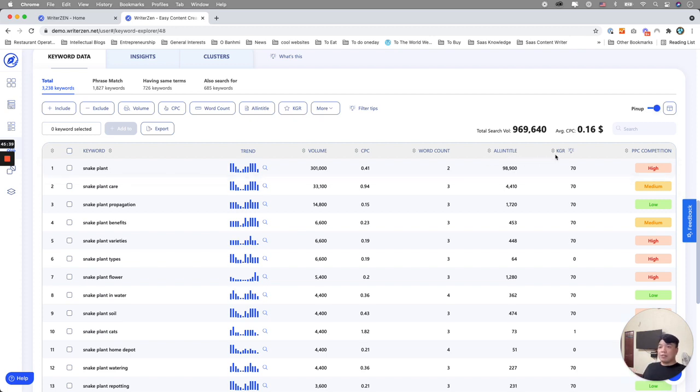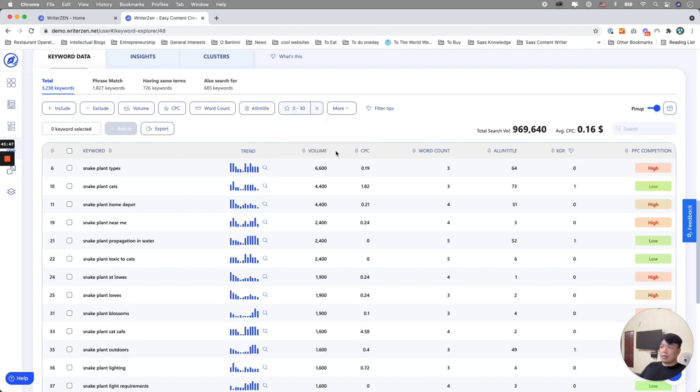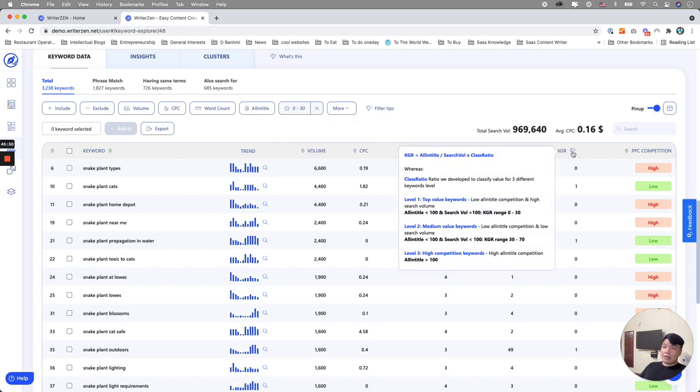So the first thing I do is filter KGR, minimum 0, maximum 30. Apply. Why do I do that? It's because KGR is keyword golden ratio, and we designed our own algorithm to sort out the importance and difficulty of each of these keywords and break them down into three class levels. The first level is the very high value keywords.